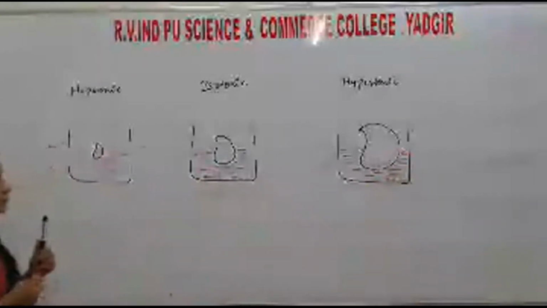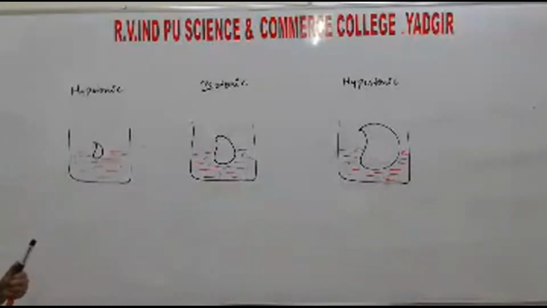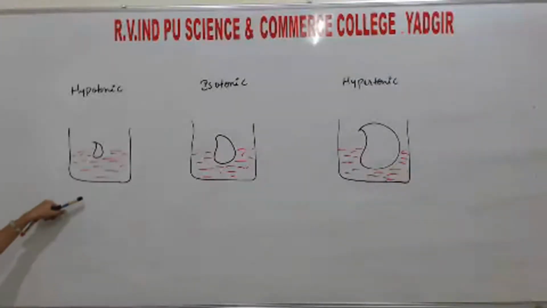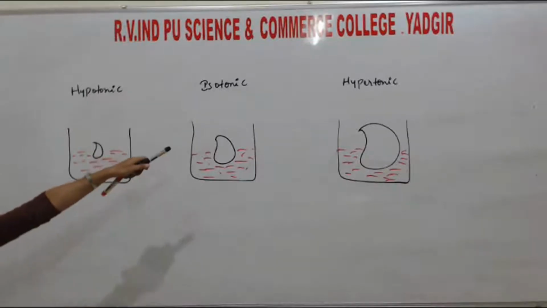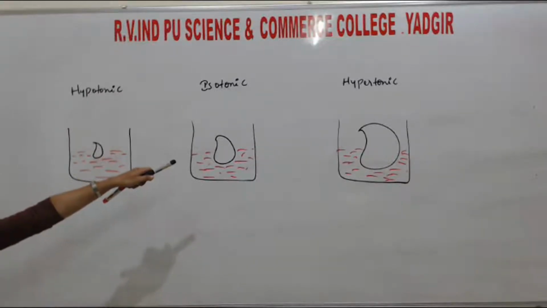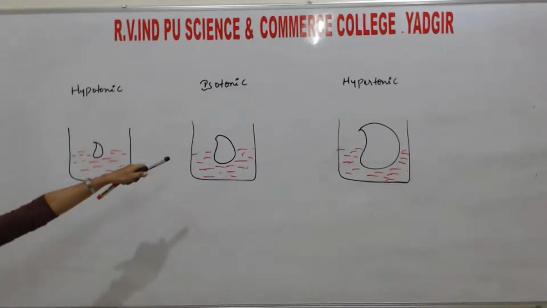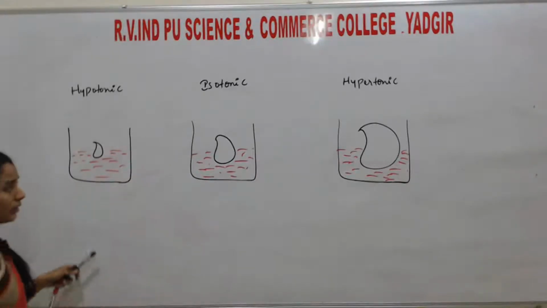Okay, students, so what do these figures represent? The isotonic solutions, hypotonic solutions or hypertonic solutions. This is isotonic and hypertonic. Here two solutions are there.